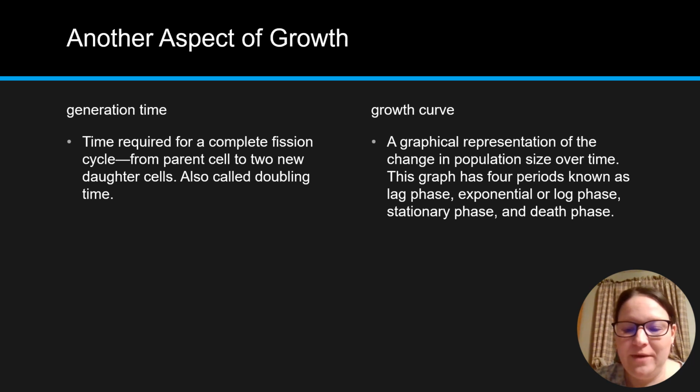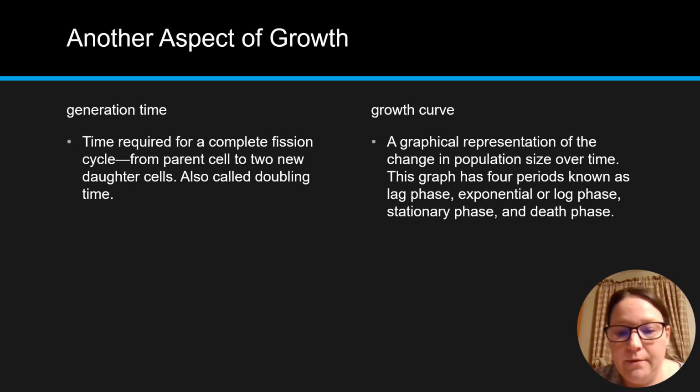Another aspect that we have to take into consideration with growth is generation time and the growth curve. Generation time is the required time for a complete fission cycle, from parent cell to 2 new daughter cells, also called doubling time. The next one is the growth curve, and it's a graphical representation of the change in population size over time.